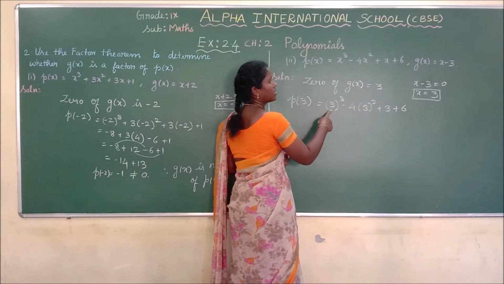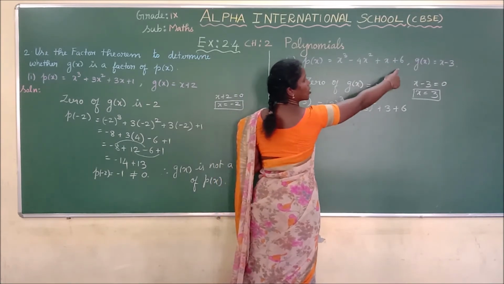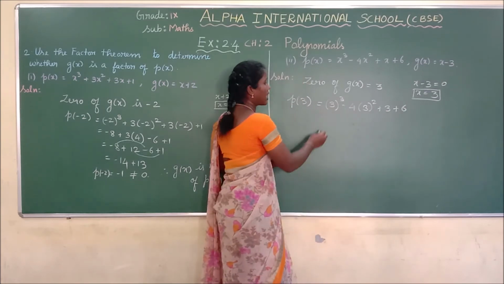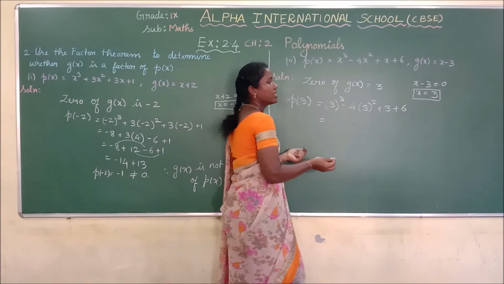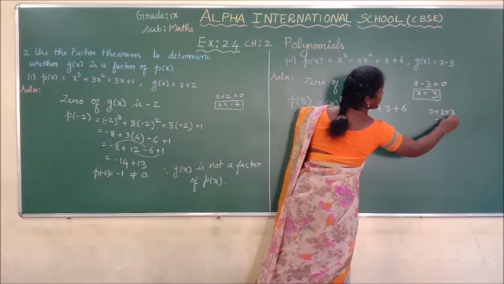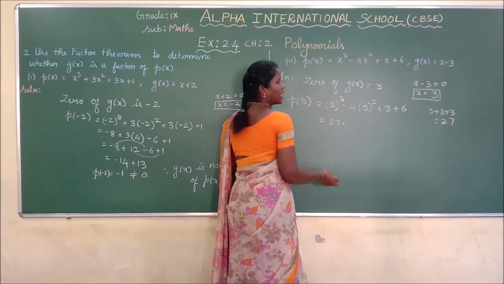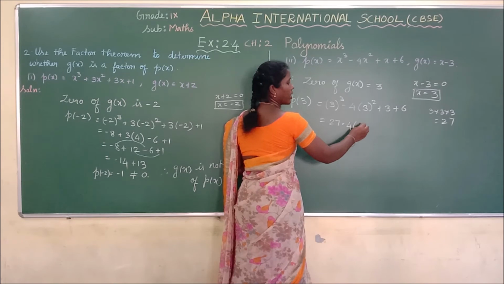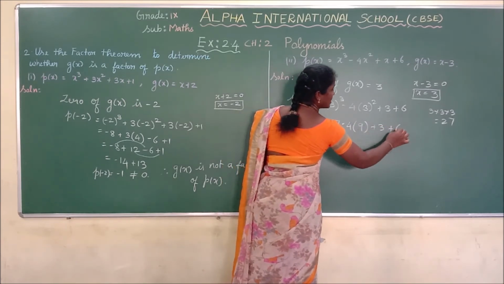Now calculate the value. 3 cube means you have to multiply 3 into 3 into 3. What is the value? It is 27, minus 4 into 3 square. 3 square is 3 times 3, which is 9, plus 3 plus 6.